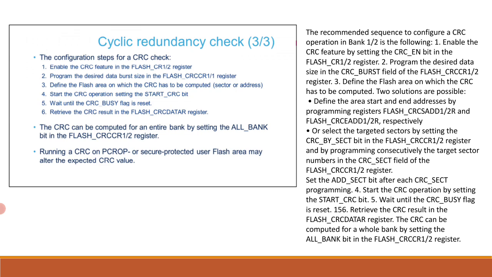Sixth is retrieve the CRC result in the FLASH_CRCDATAR register. So the CRC can be computed for a whole bank by setting the all_bank bit in the FLASH_CRCCR1 or 2 registers. Fine.